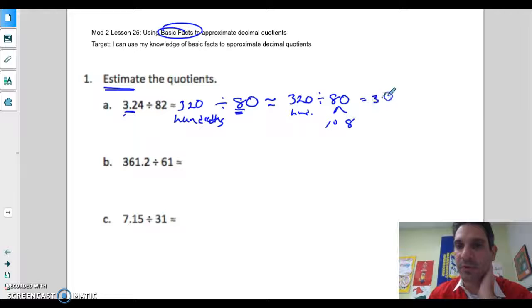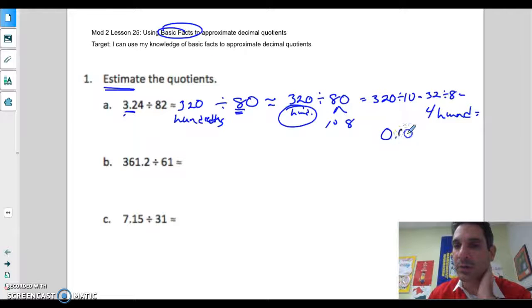So 320 divided by 10 is 32, right? And then divide that by 8, and you get 4. But it's not 4, it's 4 hundredths. So that is equal to 0.04, okay?